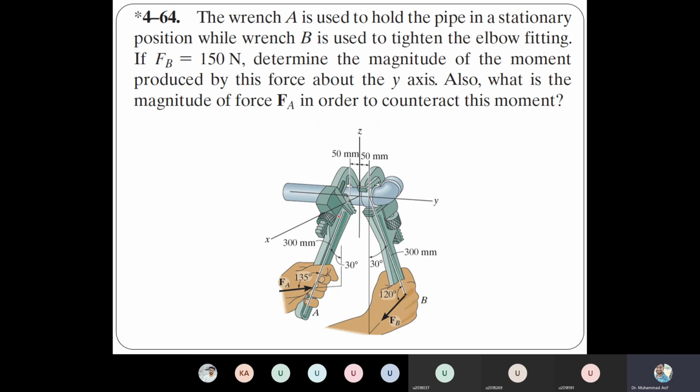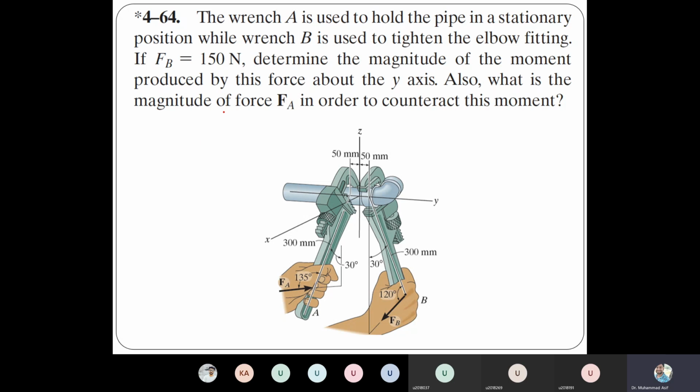One wrench is used for holding, the other for tightening, applying the force. To hold the pipe, the left hand applies a force Fa, and to rotate or tighten the nut, the right hand applies a force B at point B, and various dimensions and angles are given.